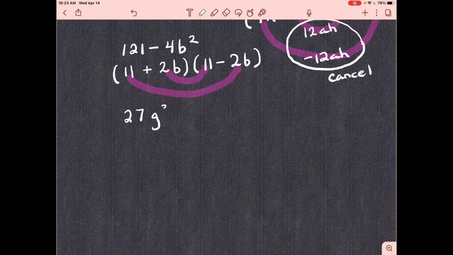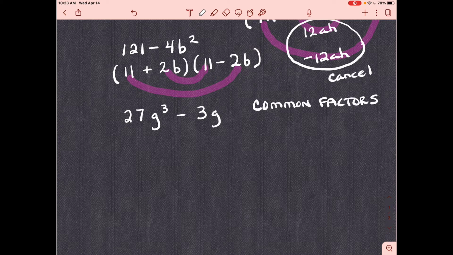27g to the third minus 3g. Okay, hopefully you're going, wait a minute, 27 is not a perfect square, and neither is 3. And neither is g to the third. But here's what's happening. We have common factors. If we have common factors, we need to factor them out.